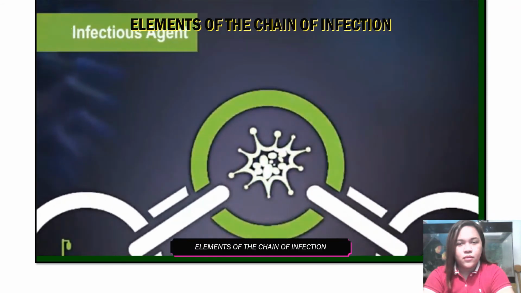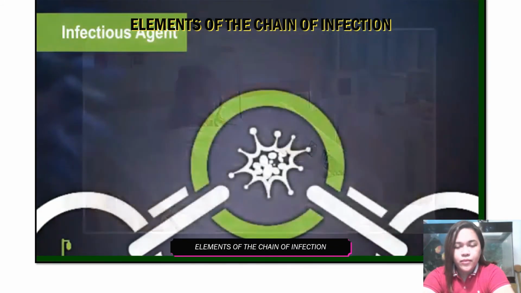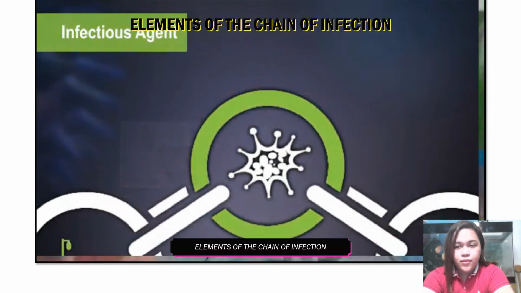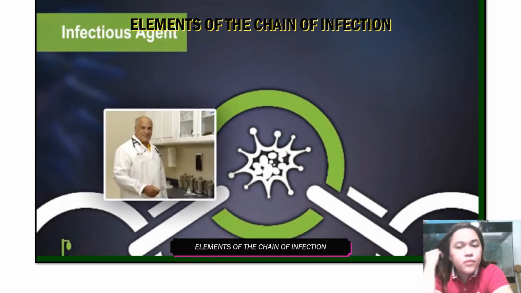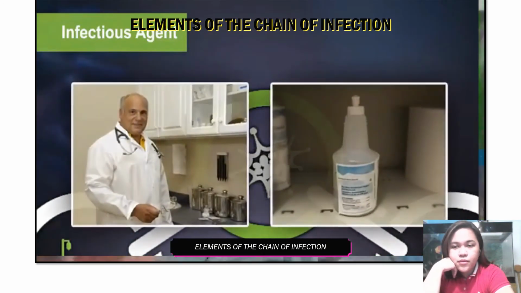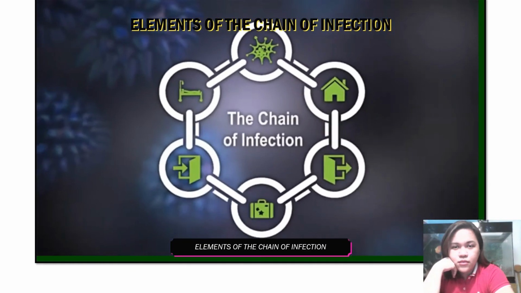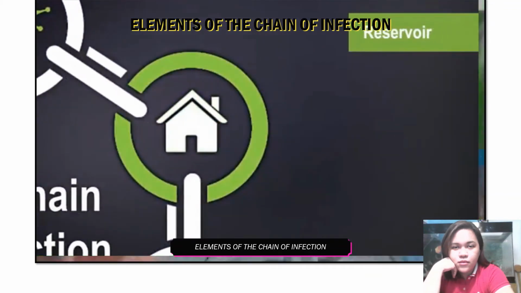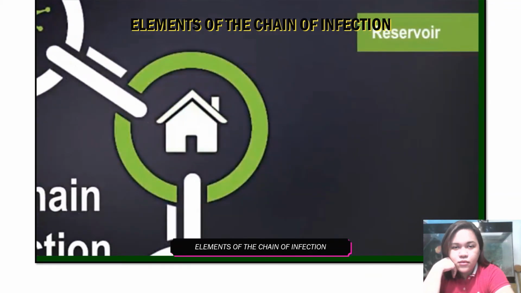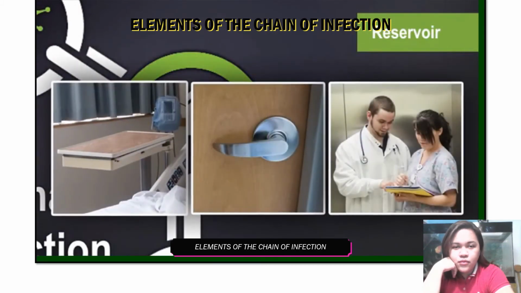An infectious agent is an organism having the ability to cause disease. To break this link, seek prompt treatment if you are ill and use the right cleaning solution to disinfect the pathogens you have identified. The second link is a reservoir. A reservoir is where pathogens can thrive and reproduce, like tabletops and doorknobs and people.